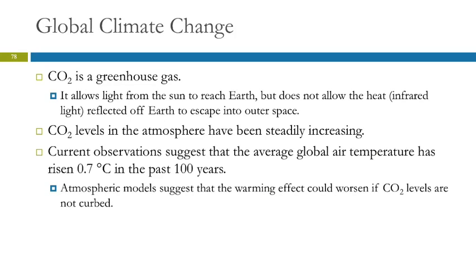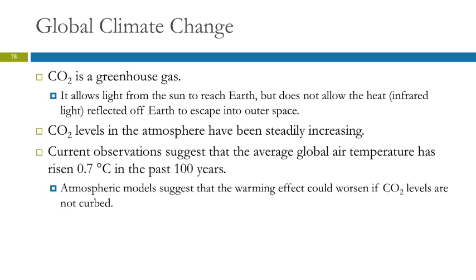So global climate change, and we just saw some new scary articles about this on Facebook. That's where I get all my news. It's kind of sad. Carbon dioxide is a greenhouse gas. So the Earth is warm because it's surrounded by an atmosphere of gases. And carbon dioxide is one of the gases that when the heat from the sun comes in, it's allowed to pass through.